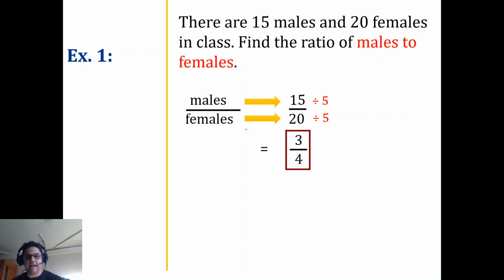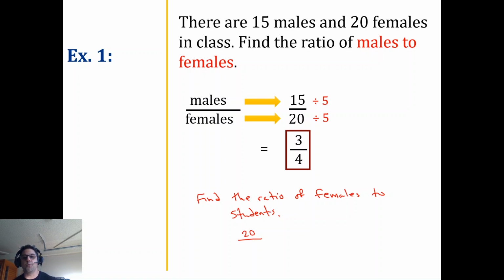Maybe it would say find, so this is a different problem, the ratio of females to students. And by saying students, that means all the students in the class. So the females is the numerator, so that is 20.